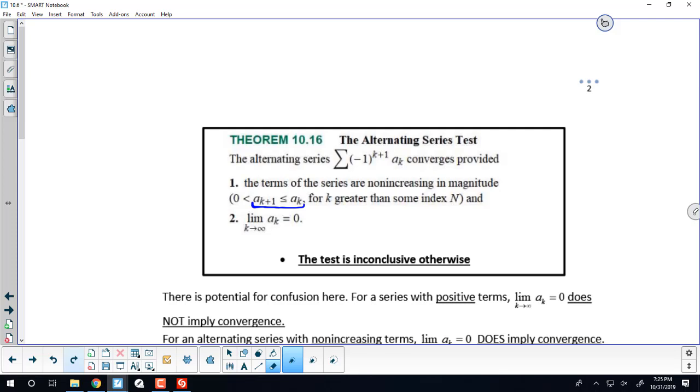Remember here we said let's restrict these series to a series that has positive terms. So if you'll notice, what is this a sub k here in this series? That a sub k isn't the entire series, is it? The a sub k is just the part that doesn't alternate.